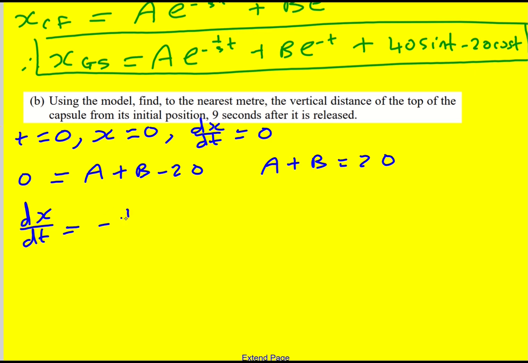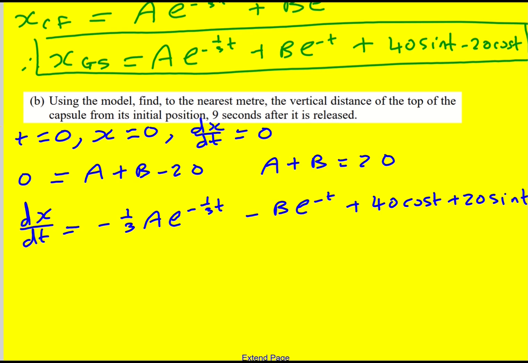We're just going to get minus a third a e to the minus a third t minus b e to the minus t. We've already differentiated these once. Okay, so then 0 is going to equal minus a third a minus b plus 40.